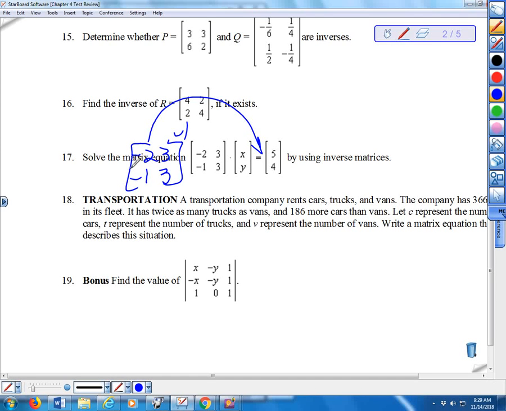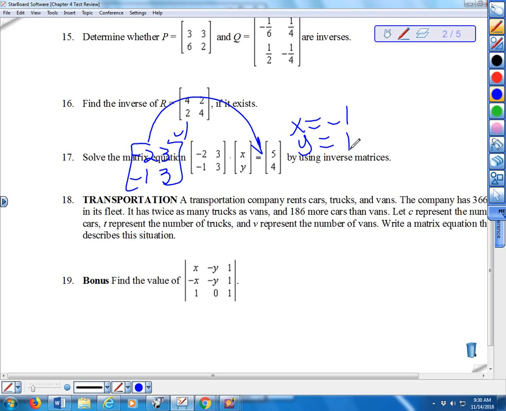Multiply it by B. And I get negative 1, 1. Everybody know how to do that on the calculator? That's from 4-7. We good?